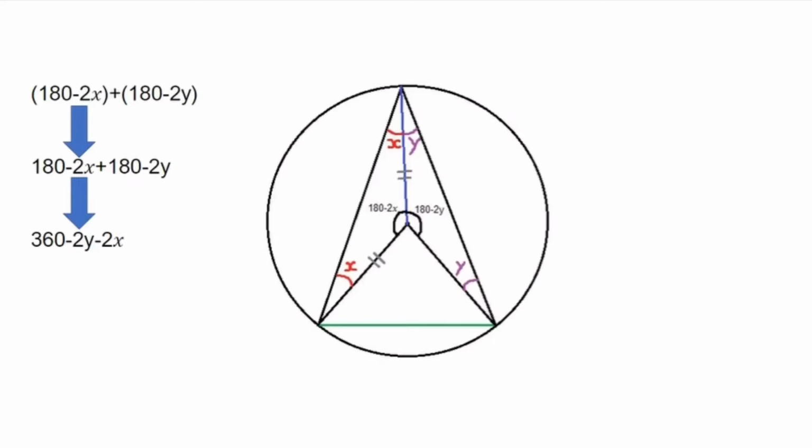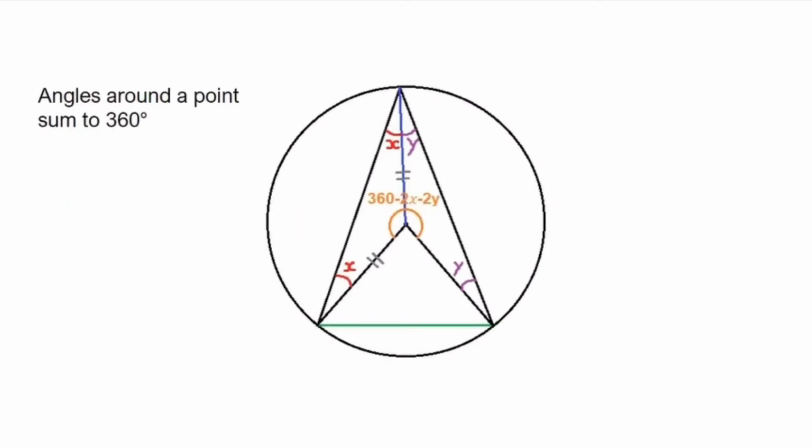Finally, we work out the angle at the centre. Another essential thing you will need to know is that angles around a point sum to 360 degrees. Here, the point is the centre of the circle. We need to work out the difference between our reflex angle here and 360, the total, to get our angle at the centre. To do this, we must subtract the reflex angle from 360 degrees.